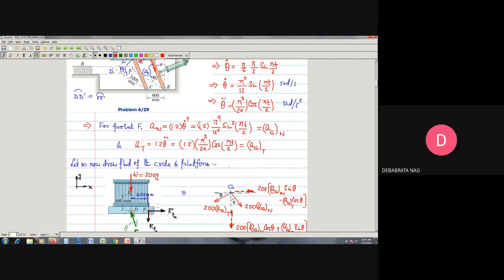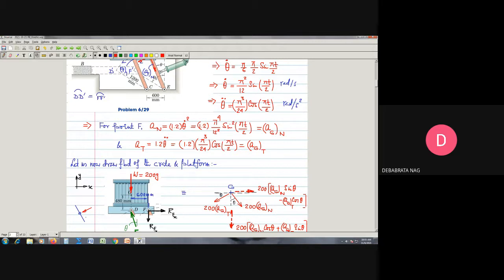FE, the crank FE, if we draw the free body diagram of the crank FE, what I will find is that this is the point where it is attached to this hydraulic cylinder, and this hydraulic cylinder is applying a force which is perpendicular to this link.